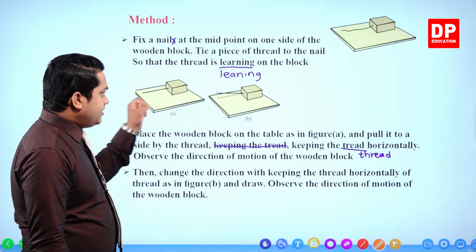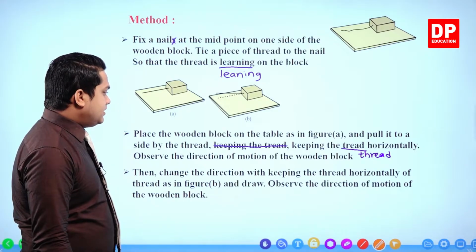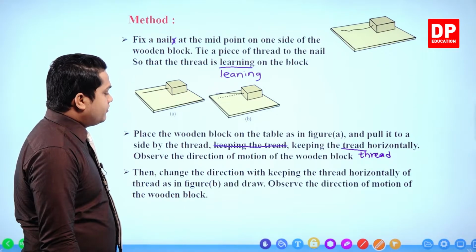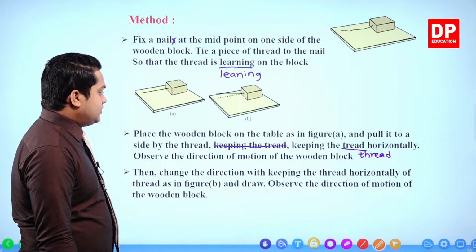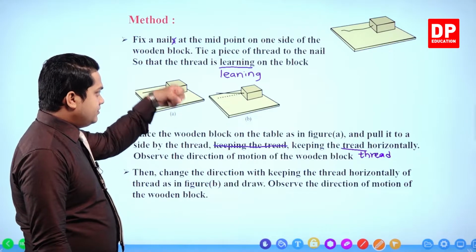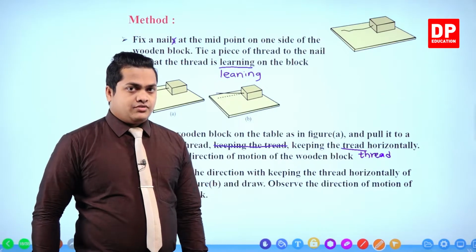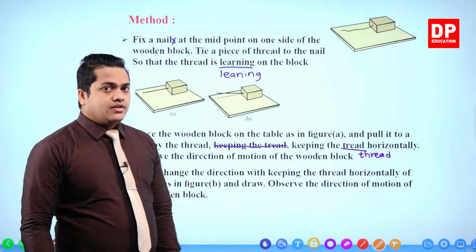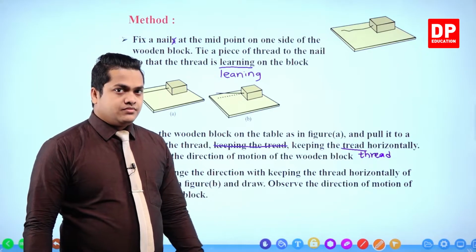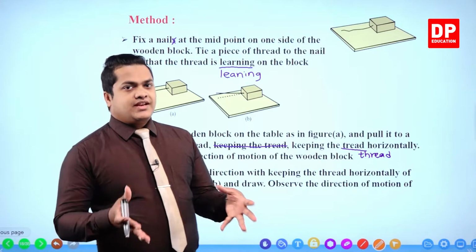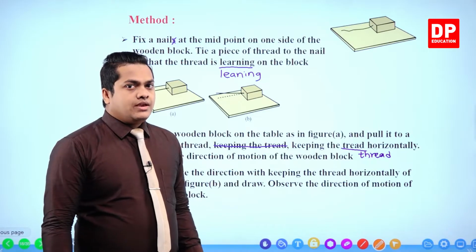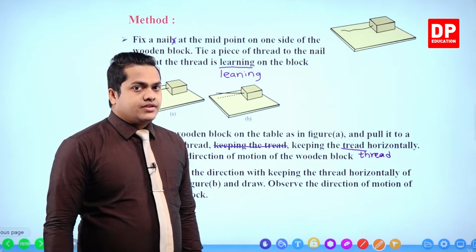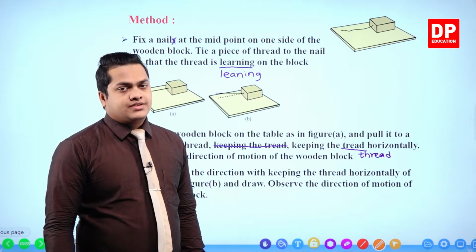And observe the direction of motion of the wooden block once again. So like in figure B, you have to move to a different position, to a side. Then you have to drag it, then observe what's going to happen, right? So it's really simple. So now let's head on to the laboratory and we'll conduct this activity, and let's see the direction of motions in each of the instances.